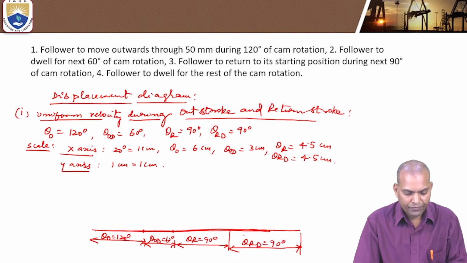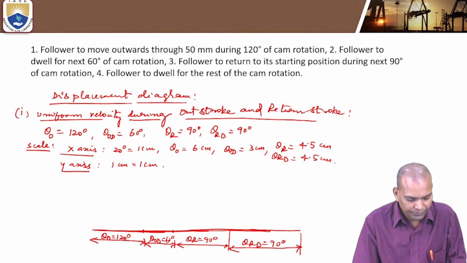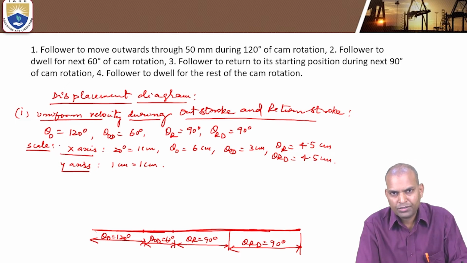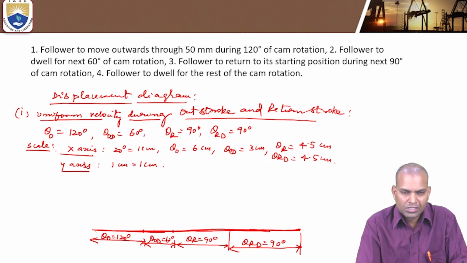Theta RD is 4.5 centimeters, theta R is 4.5 centimeters, theta OD is 3 centimeters and theta O equals 6 centimeters. This is the x-axis line. We have to use geometry instruments: linear scale, pencil, eraser and compass, and also set squares if necessary.